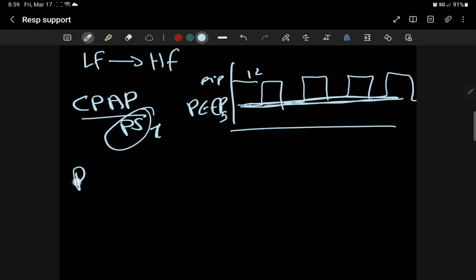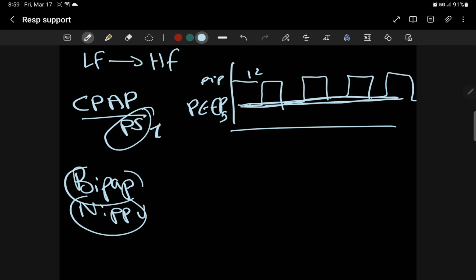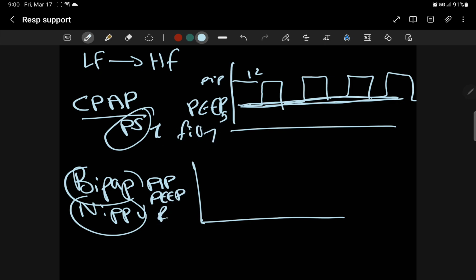However, when you have a patient on BiPAP or NIPPV, more of a NICU term, PICU term, you'll see that regardless of whatever the patient is doing, you're setting here a PIP, you're setting here a PEEP, a respiratory rate and an FiO2.